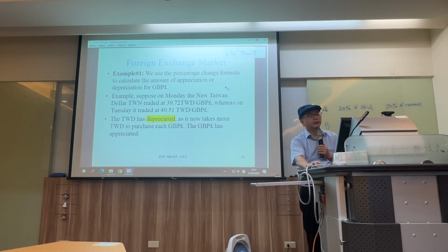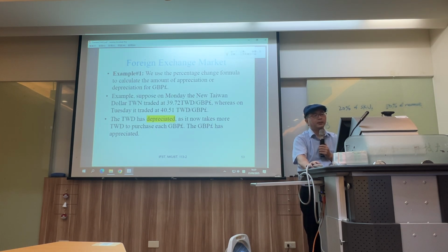And the example is that suppose on Monday, the New Taiwan dollar, the TWD, traded at 39, whereas on Tuesday, they traded at the figure 40, right? So in this case, we see that the New Taiwan dollar has appreciated or depreciated?